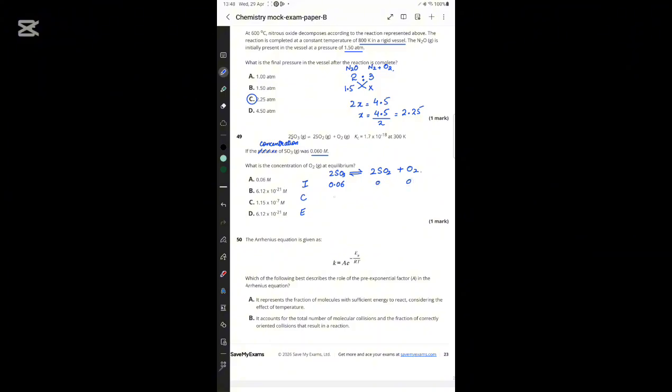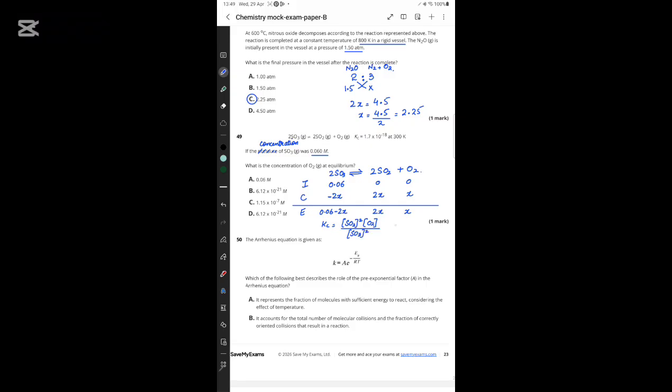And change, as there are 2 moles, I'm going to put minus 2x, and for the 2 moles of SO2 I'm going to put plus 2x, and that is x as well. So for equilibrium that becomes 0.06 minus 2x, 2x, and x. So Kc is equal to the partial pressures of the product side, SO2 squared at top times O2, and at bottom is going to be SO3 whole squared.